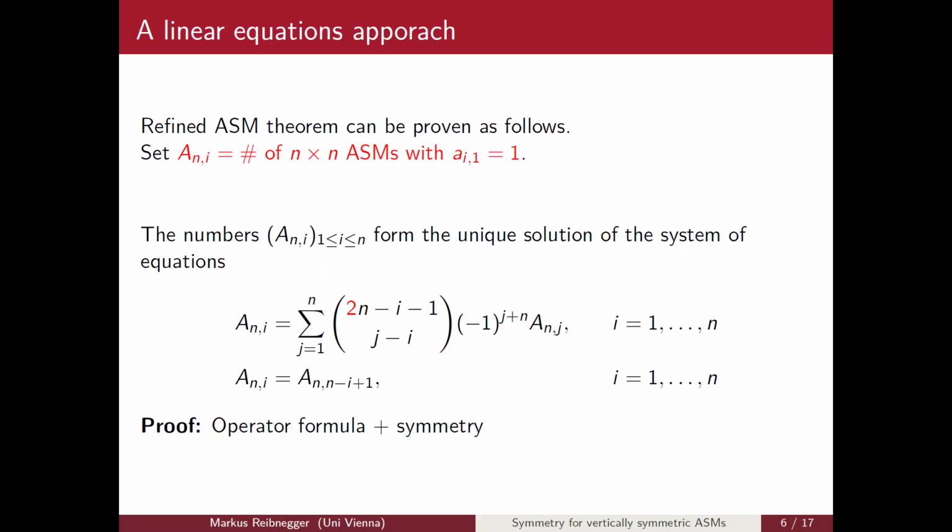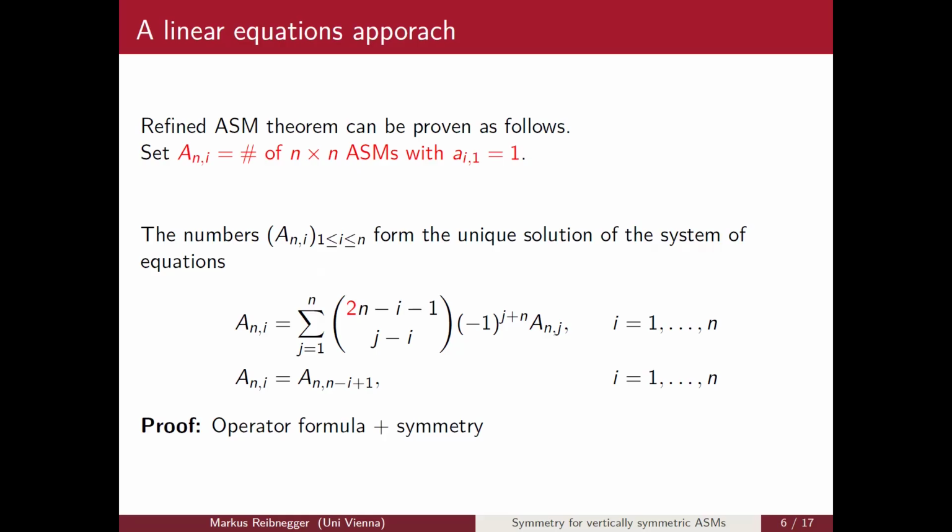Then it's just a matter of checking that the refined ASM numbers are a solution, and this is a proof of the refined ASM theorem. And this linear system of equations can be found by using the operator formula for the first family of equations and just simple reflective symmetry for the second family of equations.